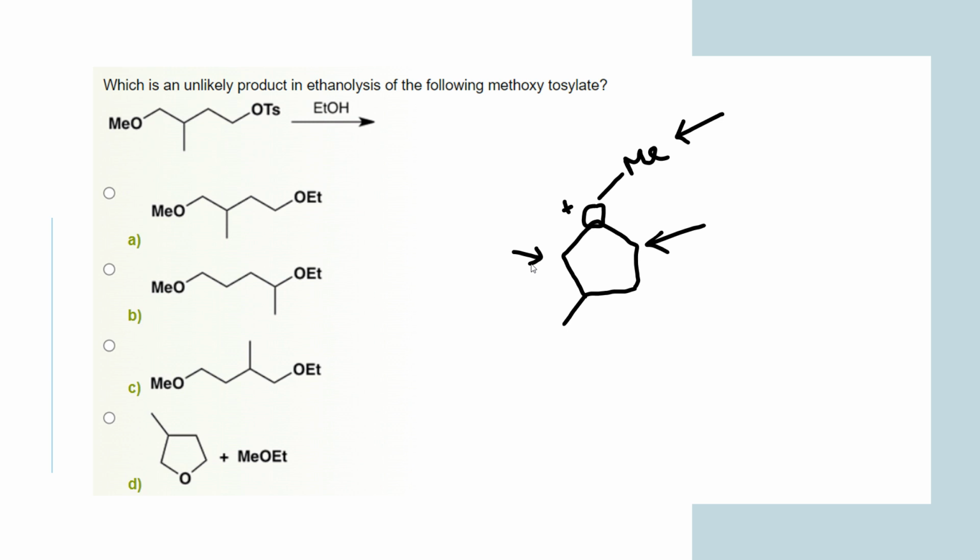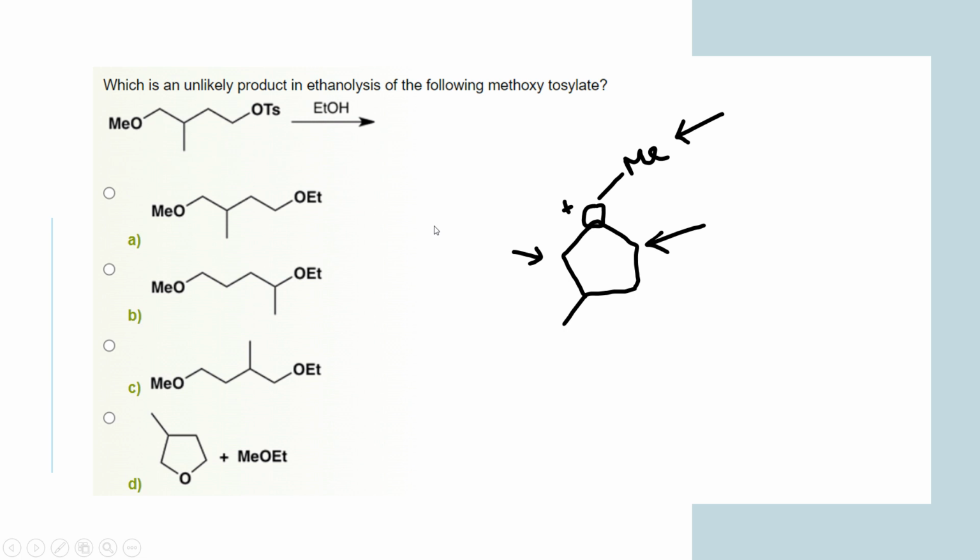In the subsequent step of this reaction, the ethoxide anion can attack at any of these three possible positions, because you have an oxonium due to the neighboring group participation of OMe, and this oxonium will want to get opened up so that it can get neutralized. That neutralization will happen with the help of ethoxide.